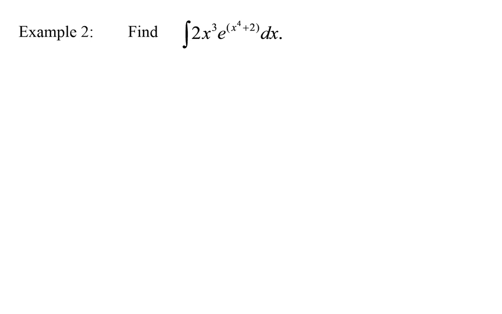Let's look at another example. Find the integral of 2x cubed times e to the power of x to the power of 4 plus 2. We're still going to use substitution, so I'm going to consider the substitution in which we will let u equal the power of e, which is x to the power of 4 plus 2.